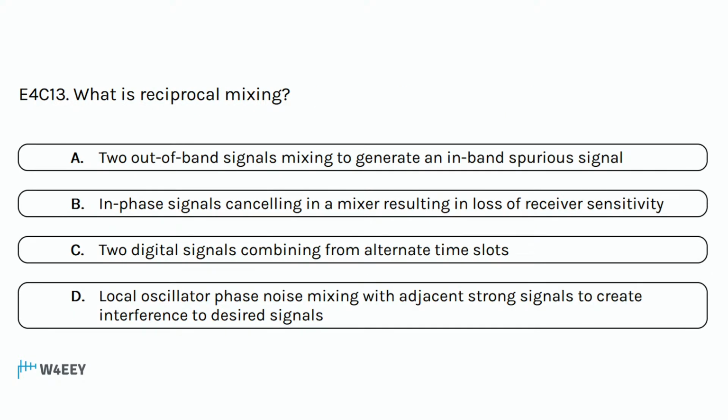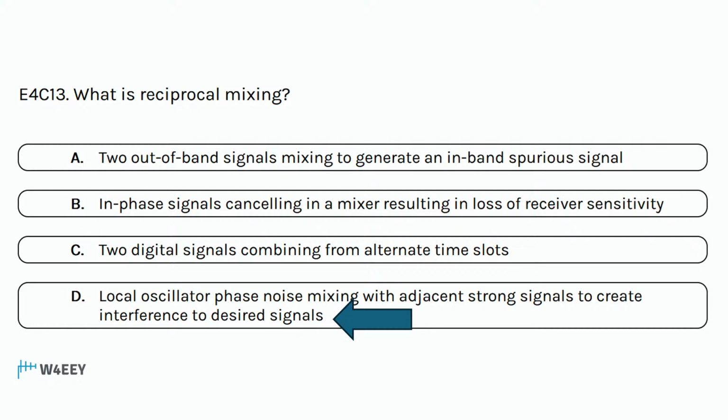What is reciprocal mixing? Delta. So the local oscillator's phase noise can mix with a strong signal and come on through to the IF, that's no good.